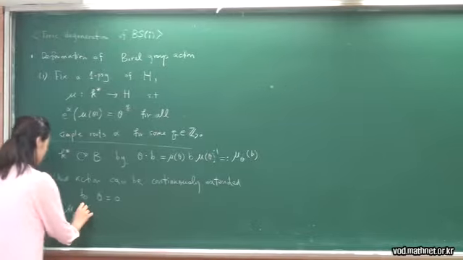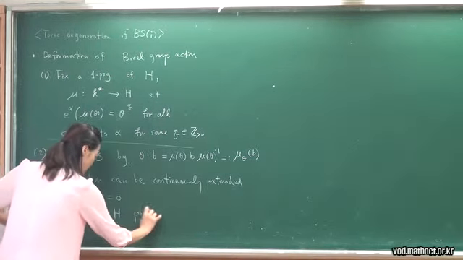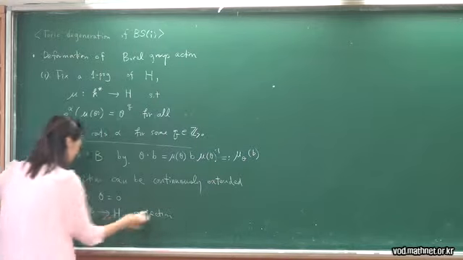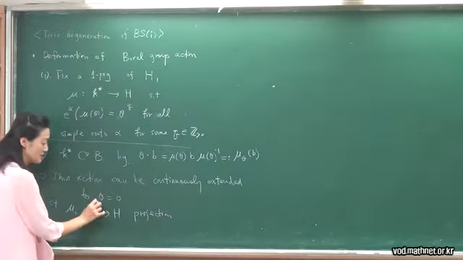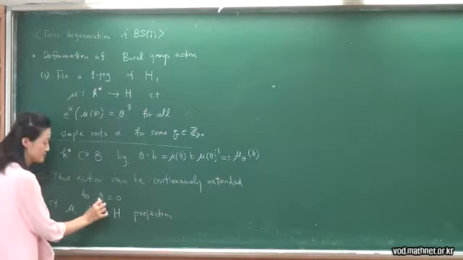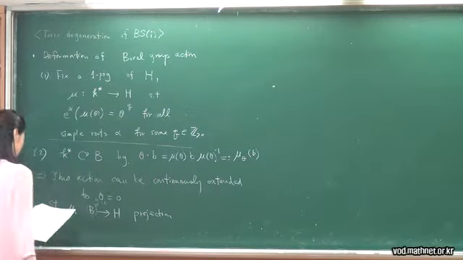So mu 0, the endomorphism coming from 0, is actually a projection. What I mean by projection: the Borel subgroup can be decomposed into H times the unipotent subgroup, so it's the projection.